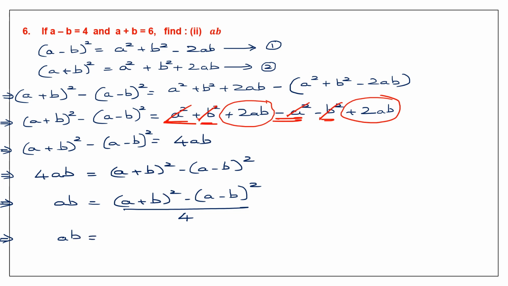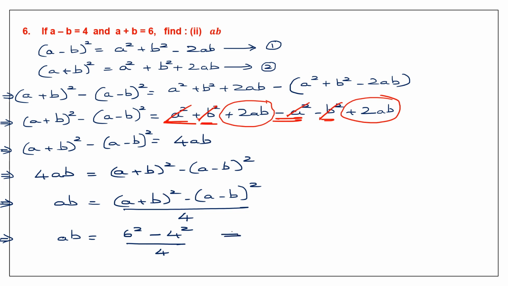ab is equal to, now a plus b, let's go back to the question. We have our question given here, the value for a plus b, and that is 6. So 6 square minus, a minus b is given to us, a minus b is 4, so that is 4 square, divided by 4.